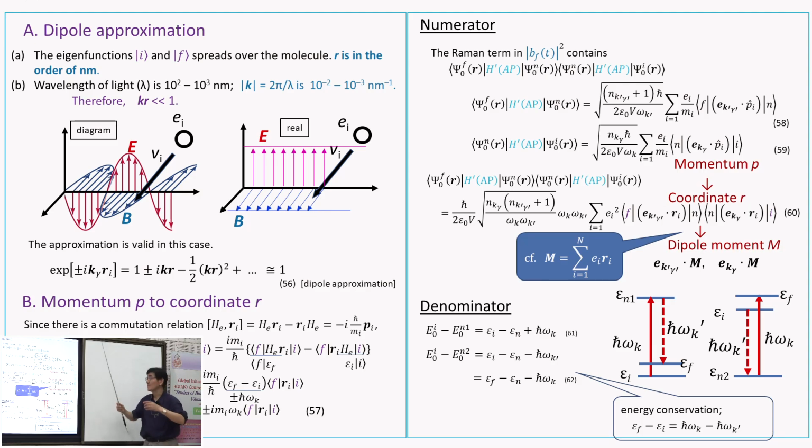And summing up, we can calculate the dipole moment. Here is the charge of the i-th particle and the coordinate of the i-th particle. It, e R, appears twice. So this part can be replaced with the dipole moment operator m.